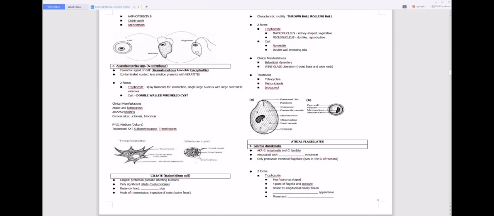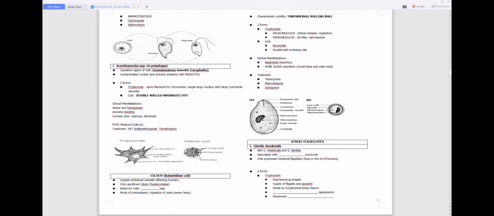So, how does Balantidium coli reproduce? So it reproduces through transverse binary fission. So you can put it there. Transverse binary fission and conjugation. Kasi diba, it has its micronucleus for reproduction.